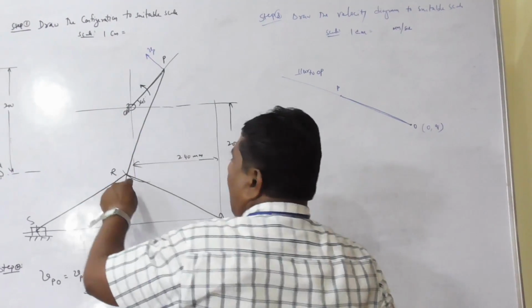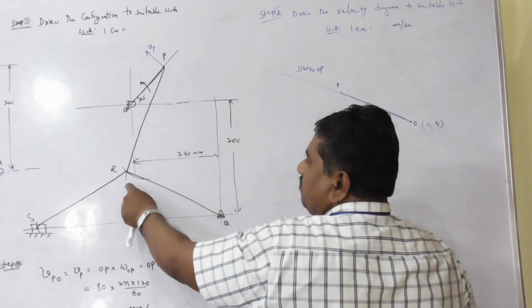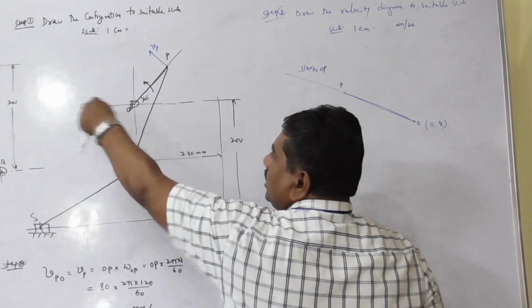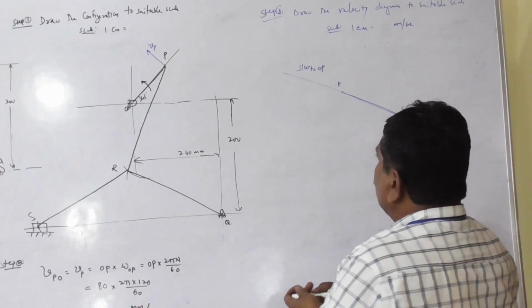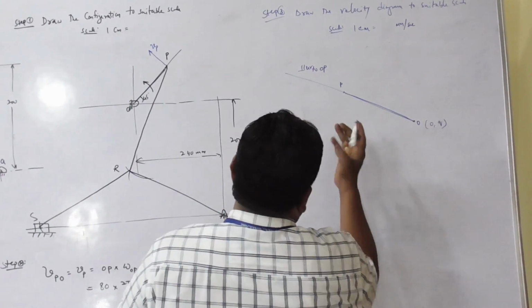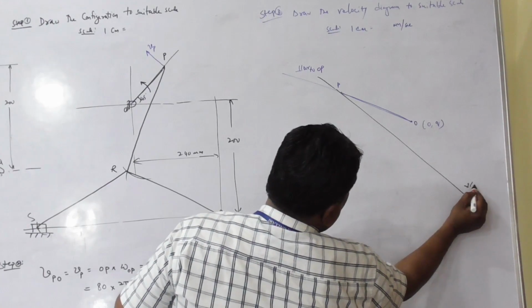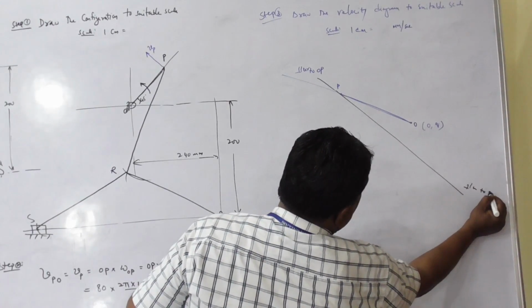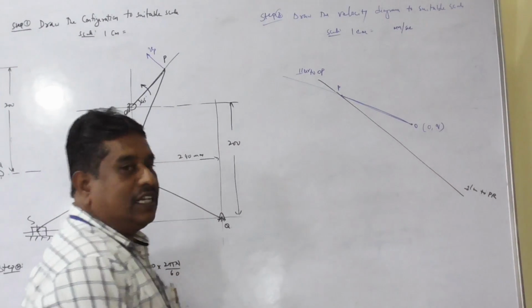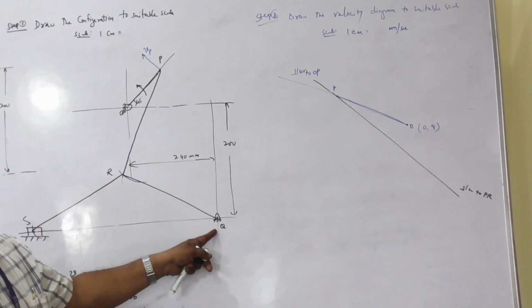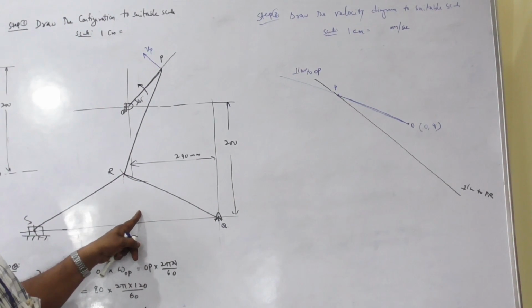Now consider PR. Velocity of R relative to P, as seen at P, is perpendicular. Therefore, through p, draw a line perpendicular to PR. Now consider RQ. Velocity of R relative to Q is perpendicular to link RQ.